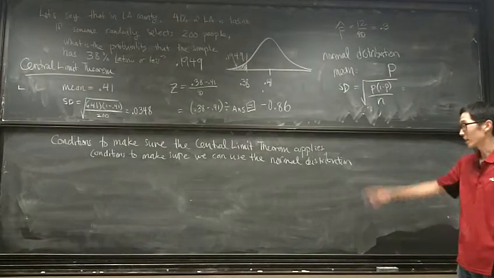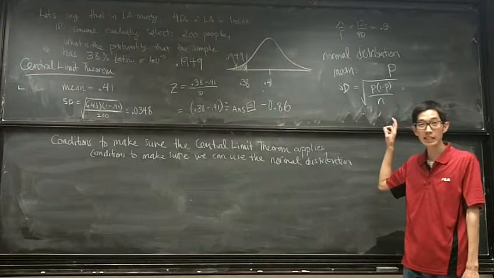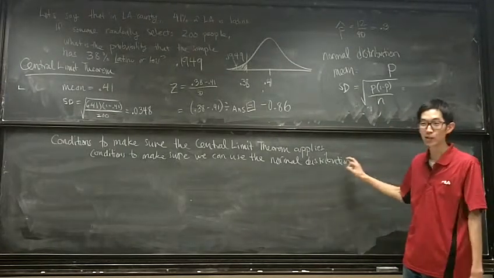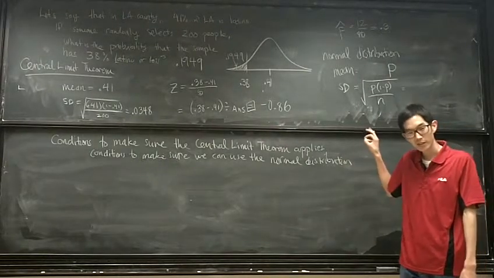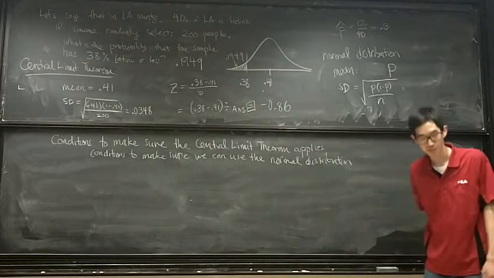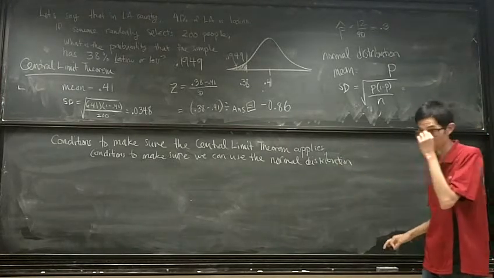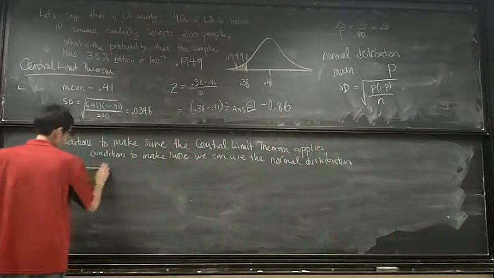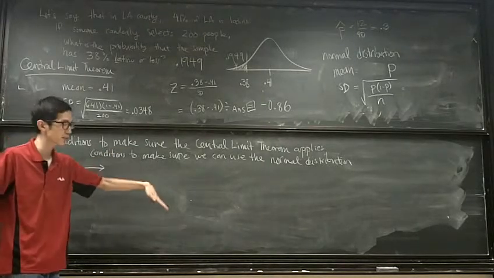All right. What is the central limit theorem? The central limit theorem is the idea that a sampling distribution looks like the normal distribution. But it doesn't always, so we have to make sure these conditions are met. The central limit theorem is not the normal distribution.